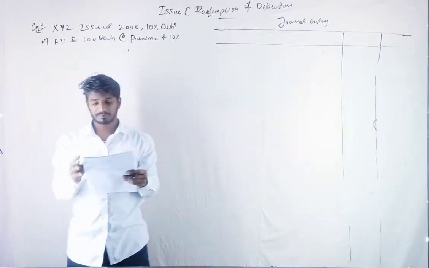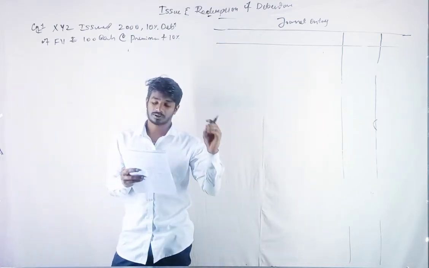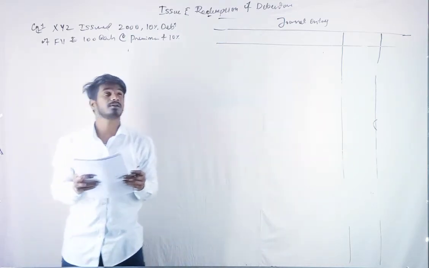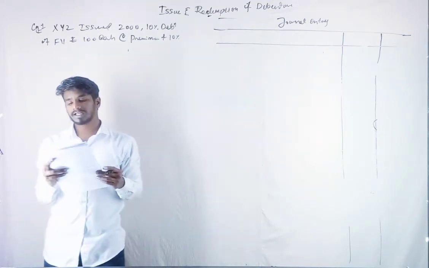Who can issue at premium? The company whose company has goodwill in the market. 10%, right? Okay.